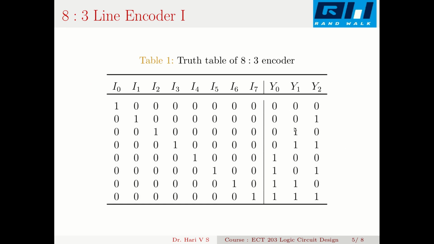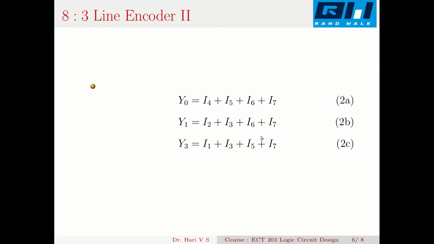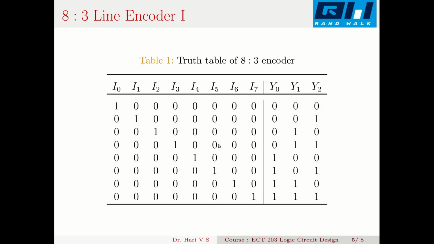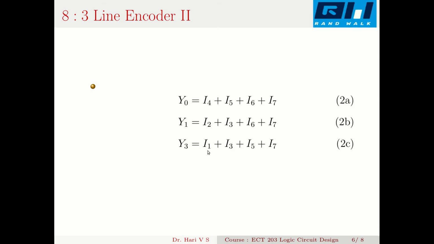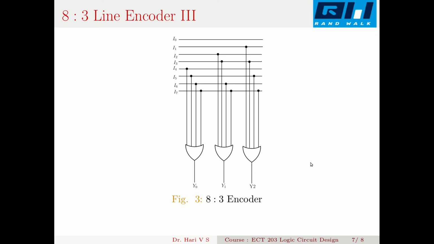And this Y1 is nothing but I2 or I3 or I6 or I7. And Y2 is 1 for alternate values, starting from I1 or I3 or I5 or I7. That is equation 2c.